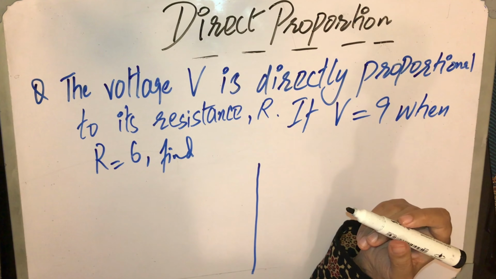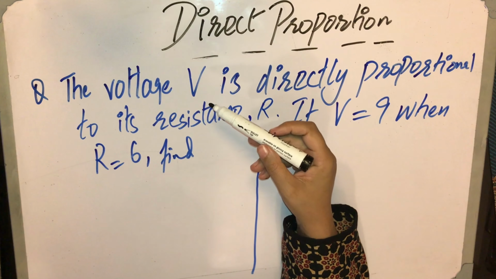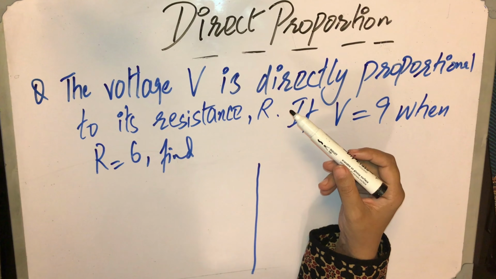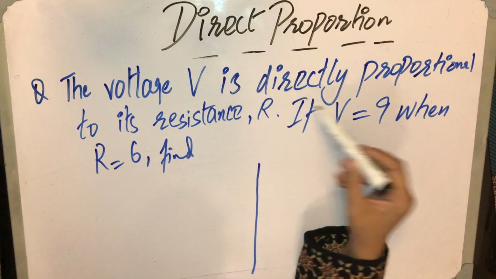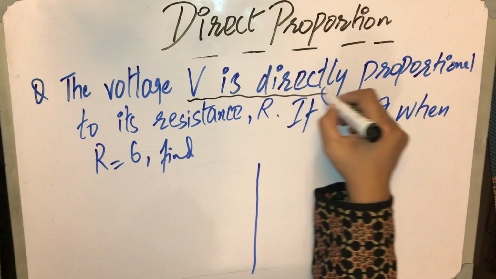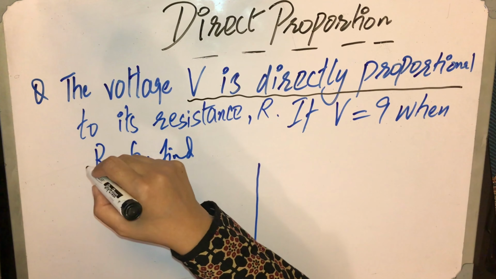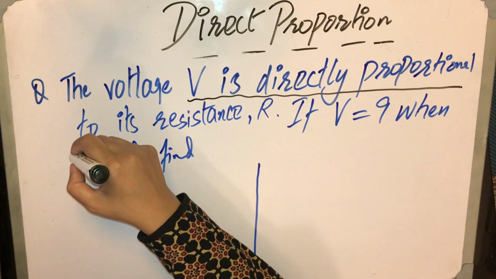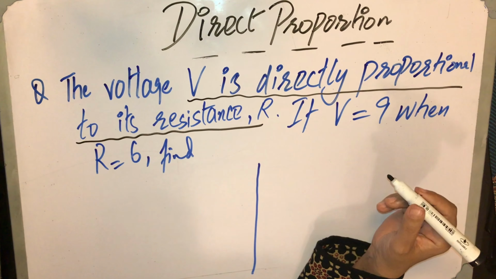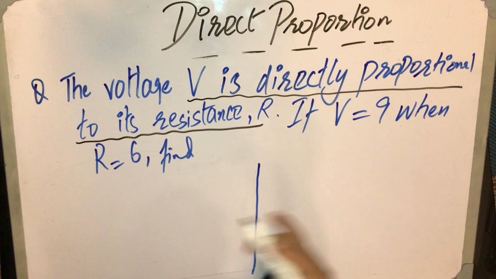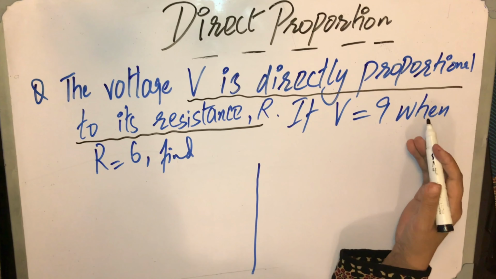The last question today: the voltage V volts needed to send a fixed amount of current through a wire is directly proportional to its resistance. Resistance is R, ohms. If V is 9 when R is 6.